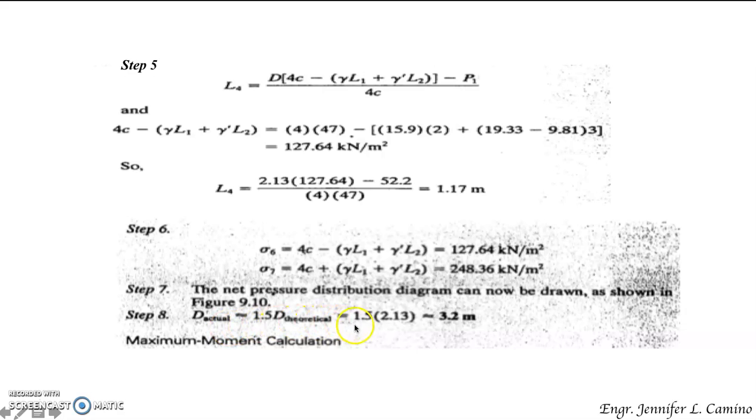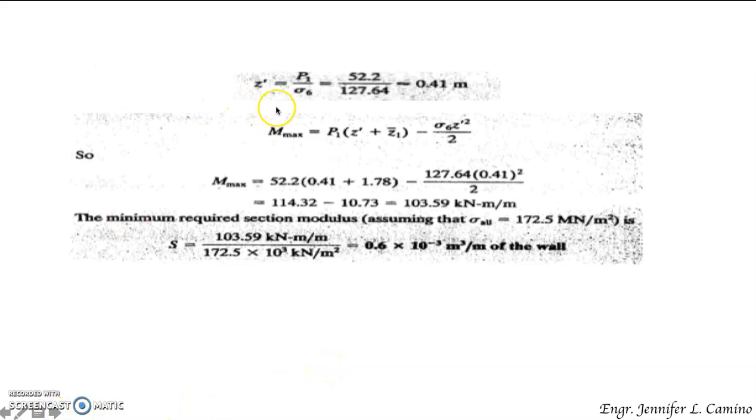Then after that, you can have the actual depth of penetration, which is 1.5 of the theoretical, that gives us 3.2 meters. Then compute now for the maximum moment calculation. You have C prime, which is equal to this expression, gives us 0.44 meters.